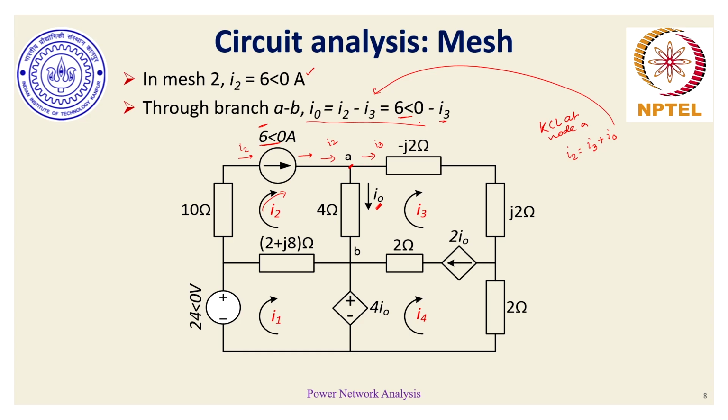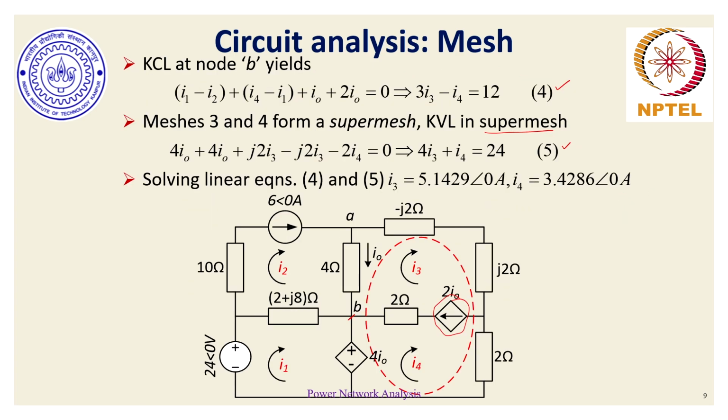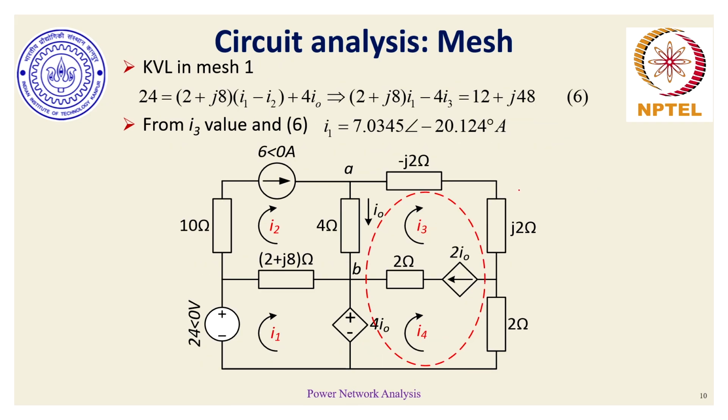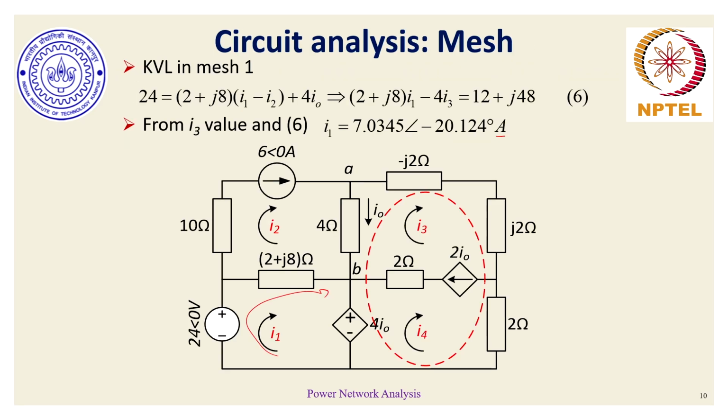We know what I2 is. We still want to find I1, I3 and I4. So if we solve equations 4 and 5, from there we get I3 and I4. And lastly, for I1, we apply KVL in mesh 1, and from there we can find the corresponding current I1 also. So, given this particular circuit, we can apply mesh analysis and find all these individual currents.